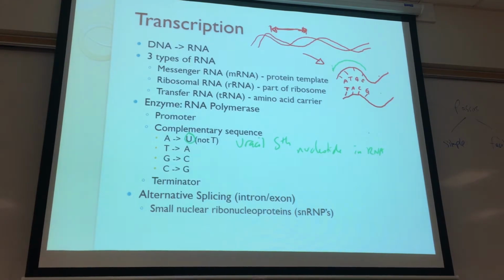So here we're going to create U, A, C, G. So this becomes this template. So this becomes RNA. It could be extremely long, but now you get this really long complementary sequence that's single-stranded.